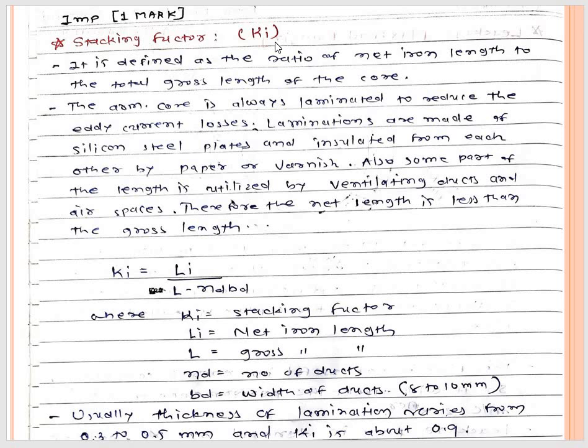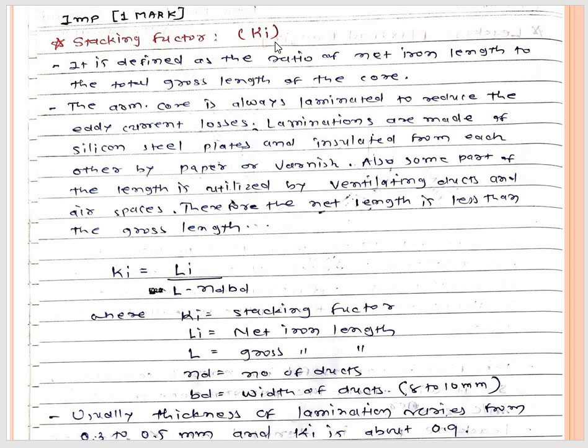Some part of the length is utilized by the ventilating ducts and air spaces. Therefore, the net length is less than the gross length. So stacking factor is nothing but the net iron length divided by the gross iron length.